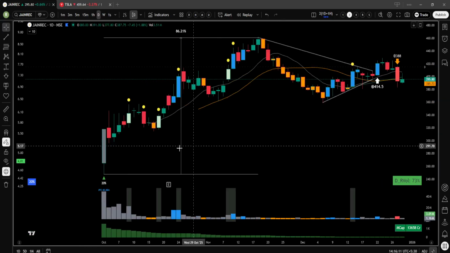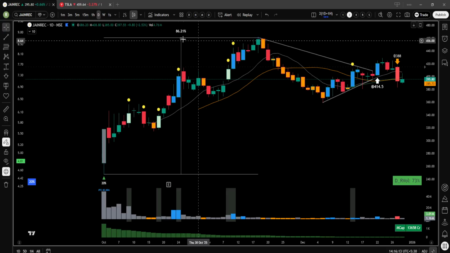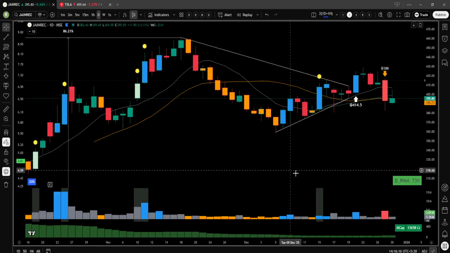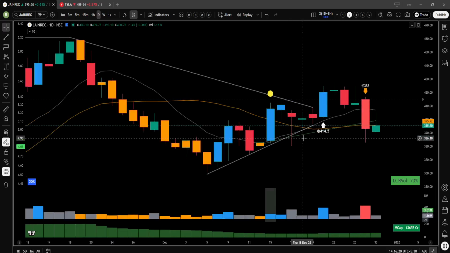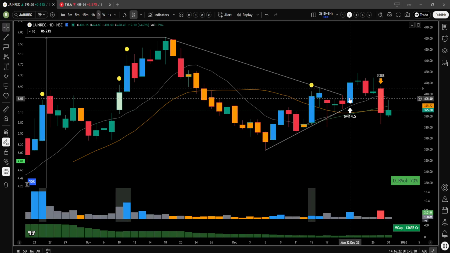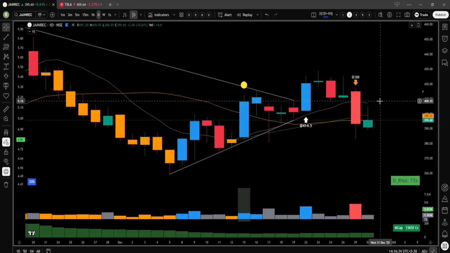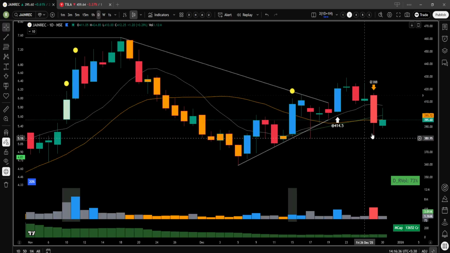It had made a big prior up move of 86%, then started consolidating, then made a higher low, and then seeing all these four candles, I bought here, I think maybe on a 5 minute or 3 minute opening range breakout. I got entry here, then a few more days, and this day the stock had a massive correction, and then I was stopped out.